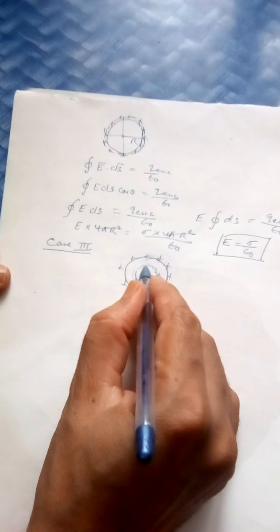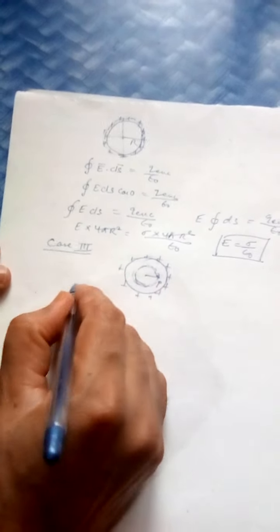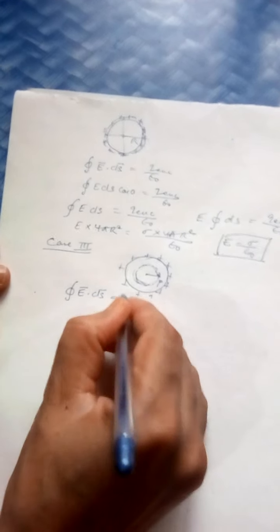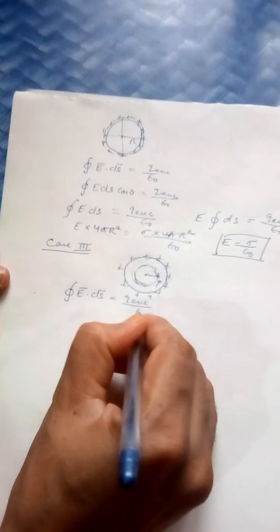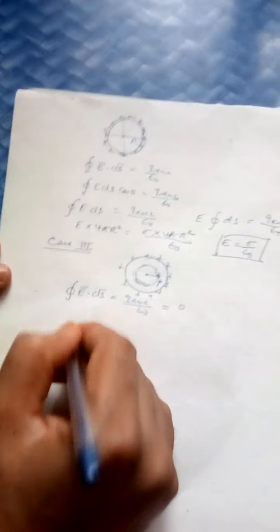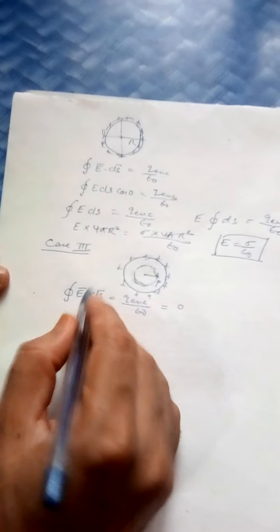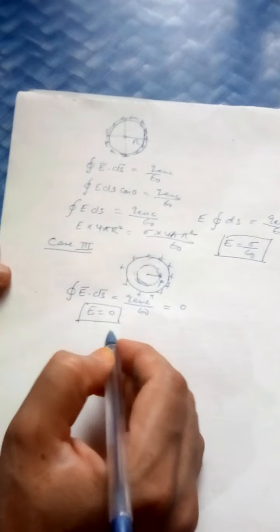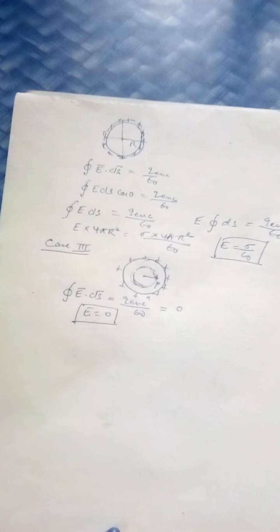So if no charge is enclosed, E dot ds equals q enclosed by epsilon naught, which will be 0. Clear? So the electric field will be 0. This is a very important result, that the electric field at any point inside a uniformly charged sphere is 0.